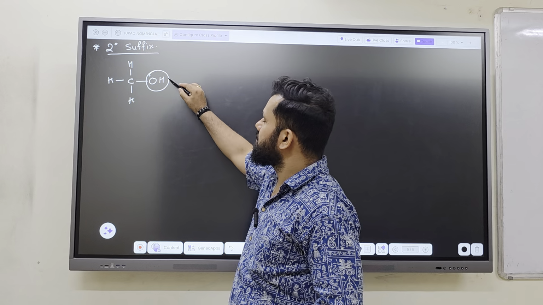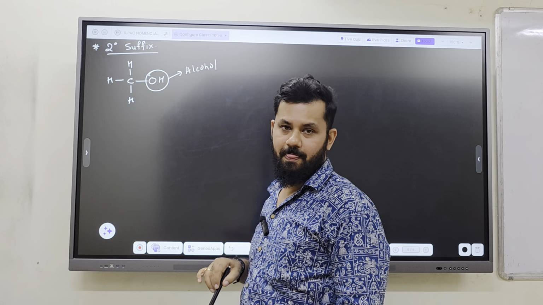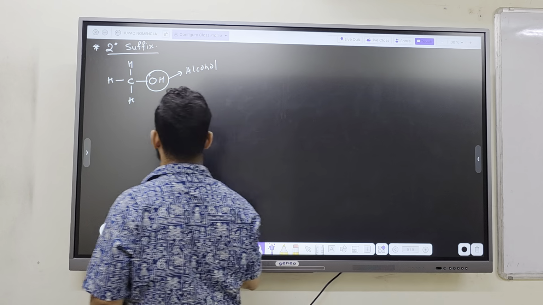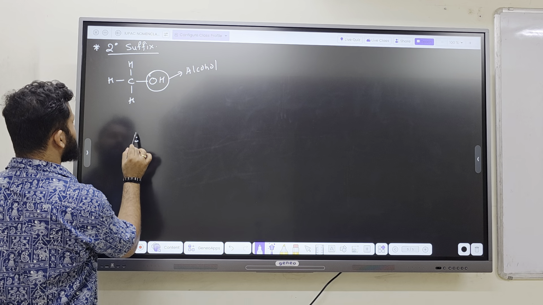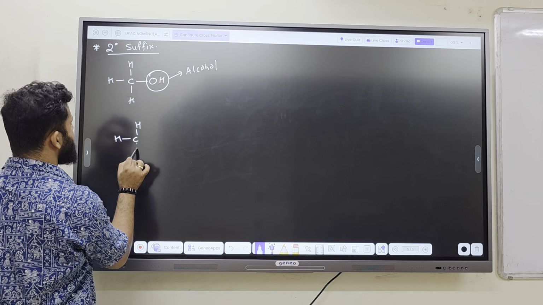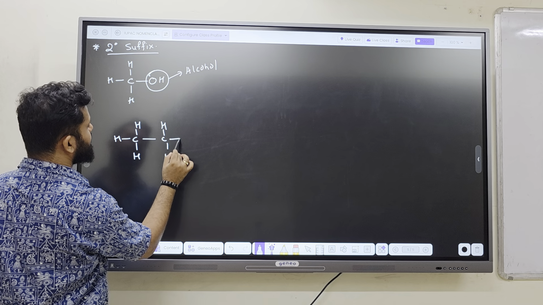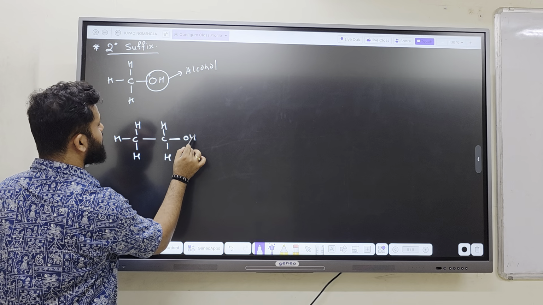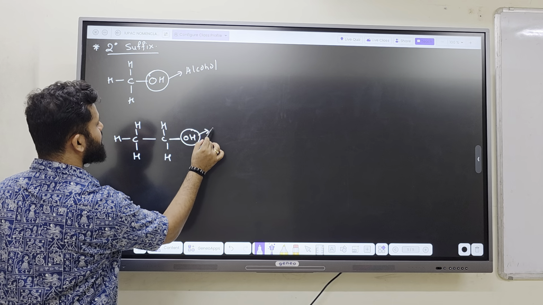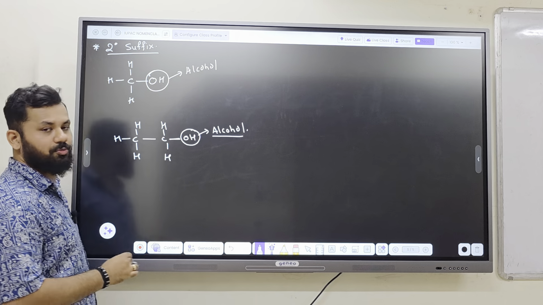Because it will change the very characteristic, the very behavior of that particular compound. So OH is called alcohol. Likewise, I may have CH3, CH3. But now this hydrogen I replaced with OH. Which functional group is this? This is an alcohol functional group.